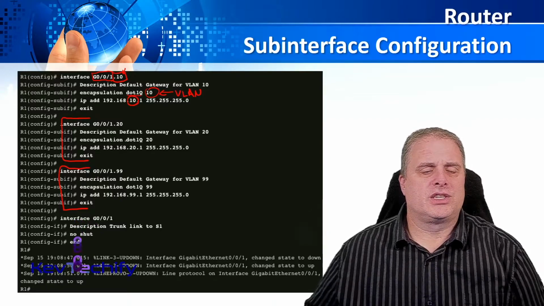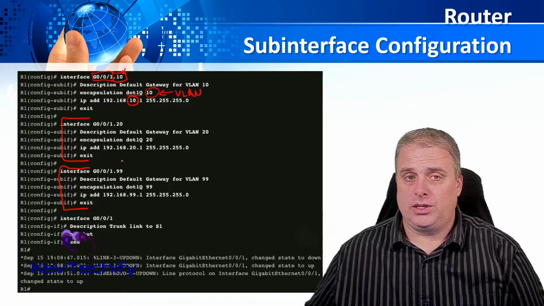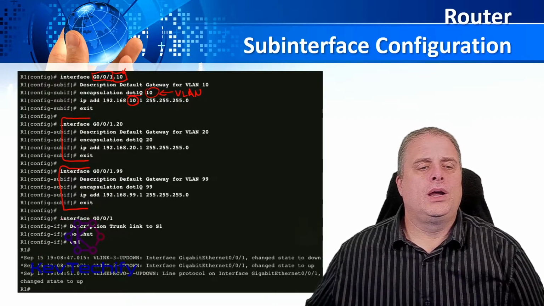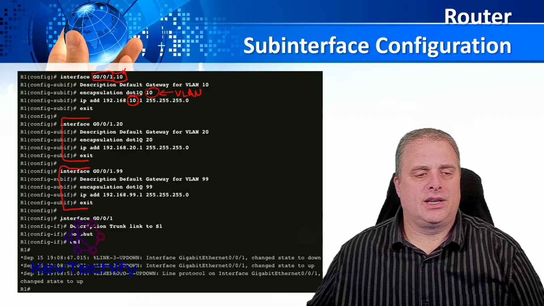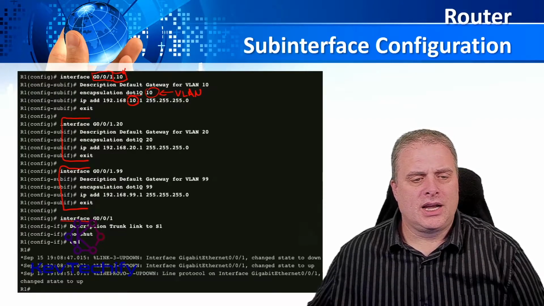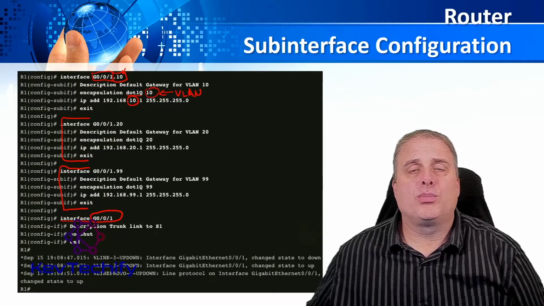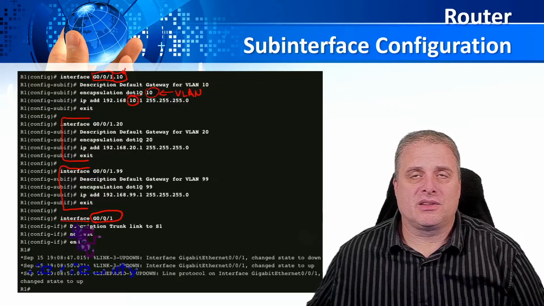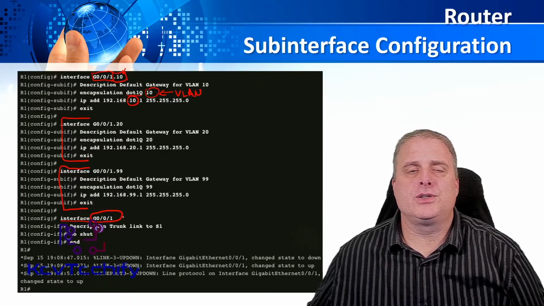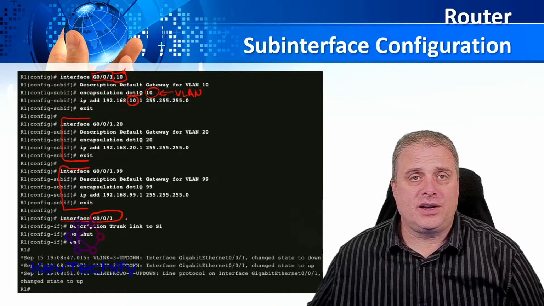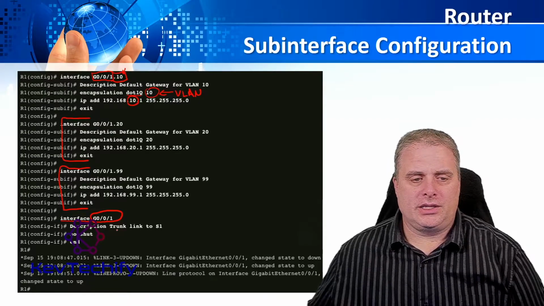Then once we have our sub interfaces set up at this point in time, we then go into the physical interface. And now notice we're going into interface G0/0/1. At this point in time, we're just going into the physical interface, not a virtual software-based sub interface. We put a description on it, say it's a trunk line to switch 1.